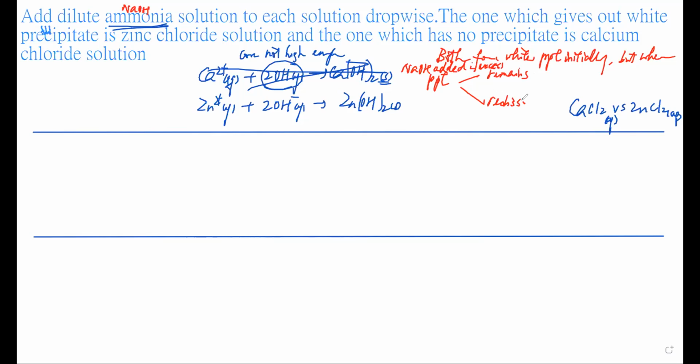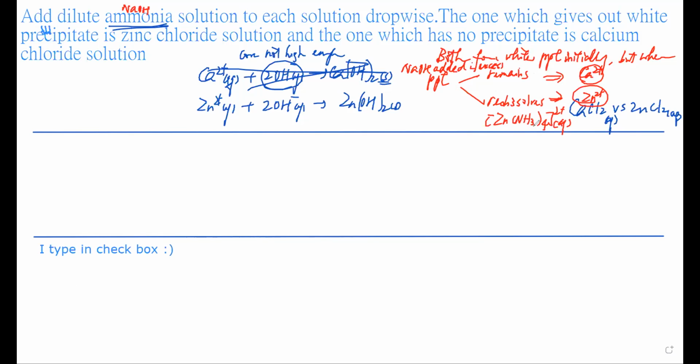We have got two scenarios, right? So the one which remains is the calcium ion containing, while the other one is the zinc ions containing. While for the equation, you need to write down the equation having the formation of tetraammine zinc ions, which is a colorless complex.